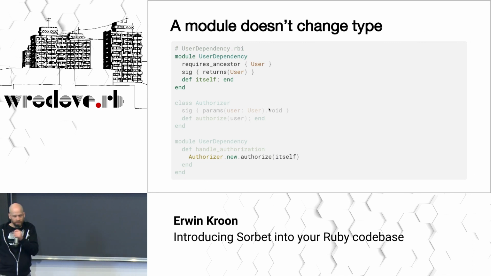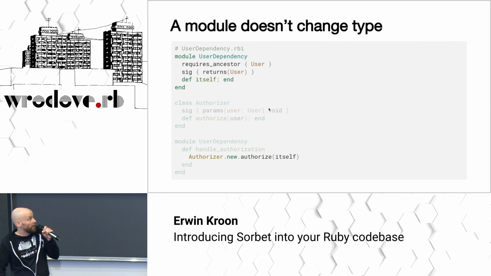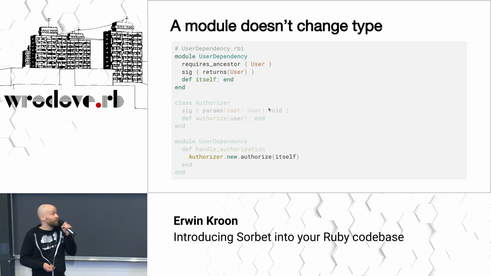Alternatively, you could also just create an RBI file and say, I will redefine itself. I thought about it only when I was writing this presentation. I haven't tried to get it merged yet.